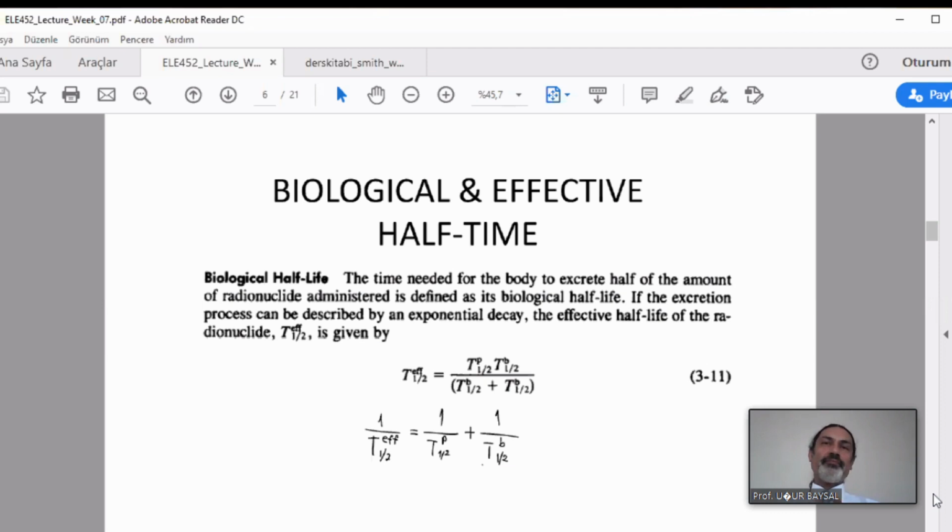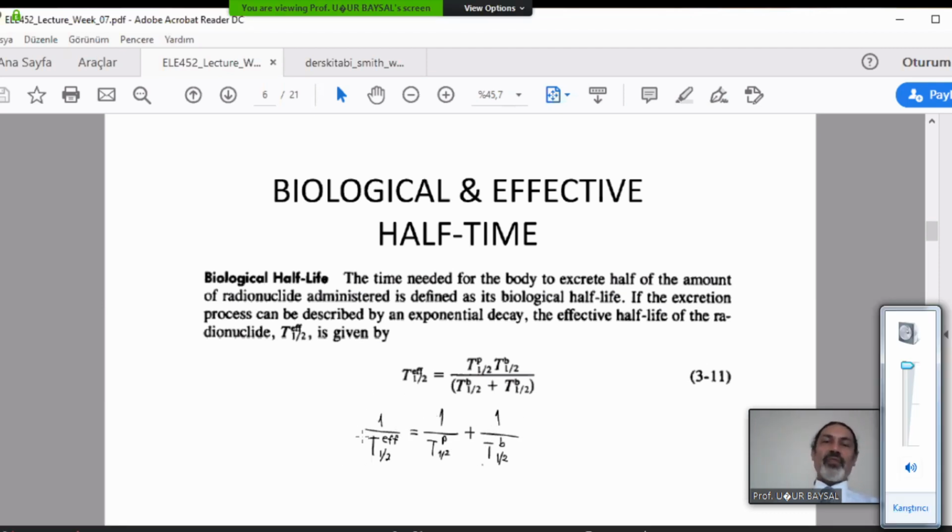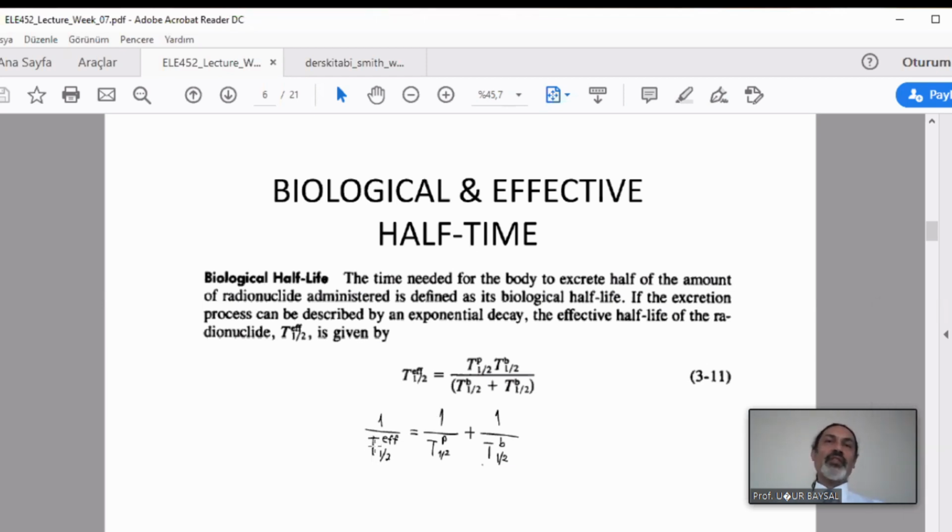During that time, the substance also has some physical half-time. So on the patient, we have two different half-times, called material half-time and biological half-time, acting together to yield the effective half-time of the substance for imaging. Okay, so this is the definition of an effective half-time.